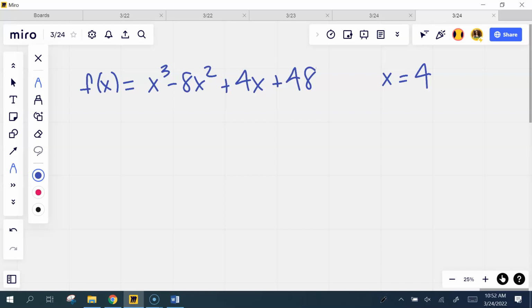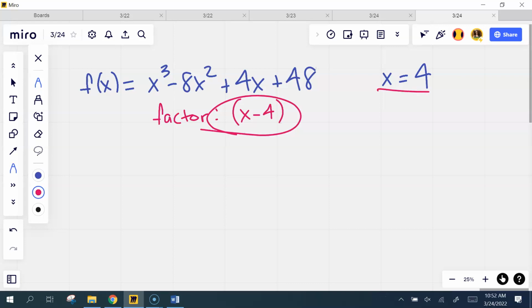Well, if x equals 4 is a zero, tell me what you know is a factor. x minus 4. Because x minus a zero is always a factor. Well, if you know this, I can find all the rest of them. So I'm going to use this.